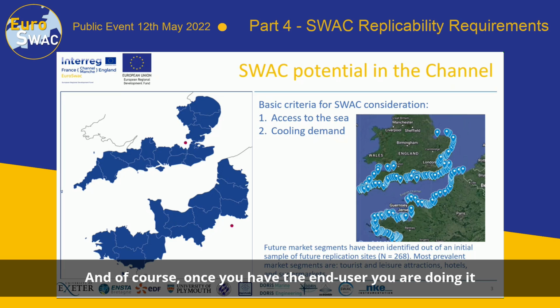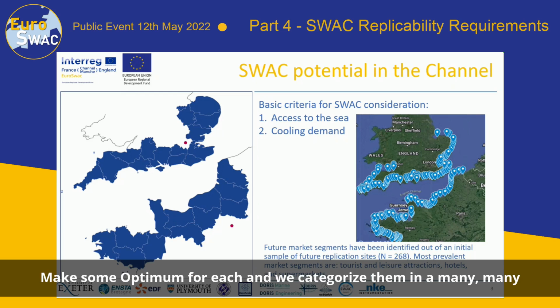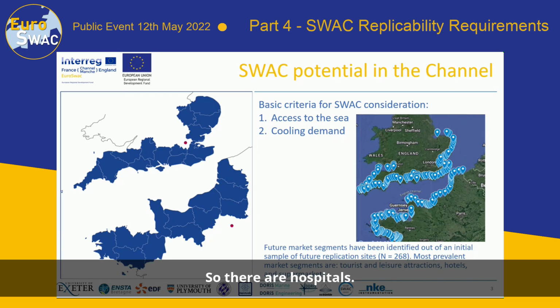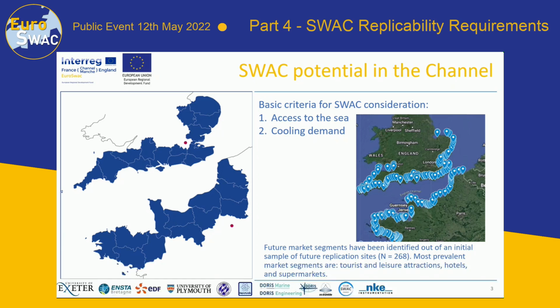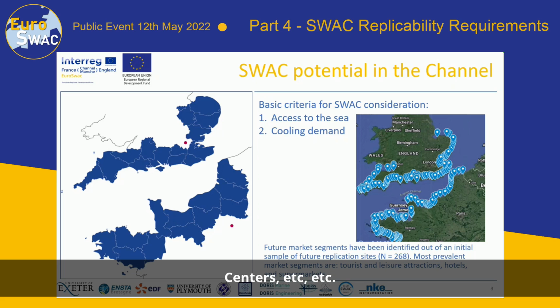And of course, once you have the end user, you are doing it individually for them. But for this particular study, we had to categorize them to make some optimum for each. And we categorize them in many ways. So there are hospitals, there are hotels, there are aquariums, there are data centers, etc., etc.